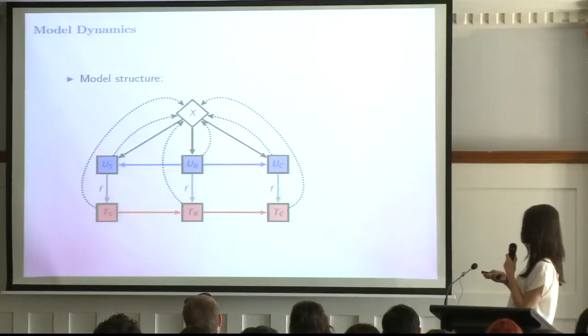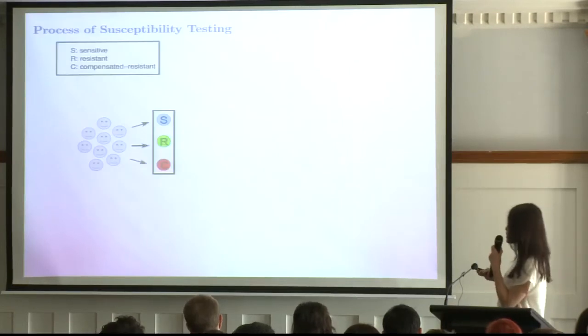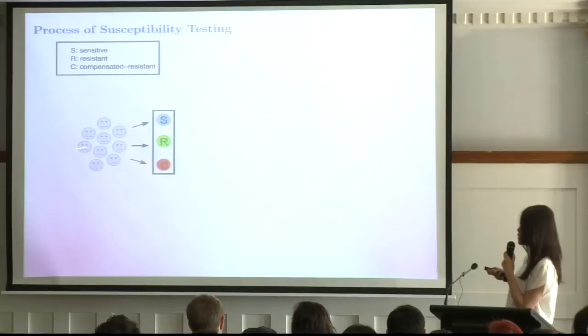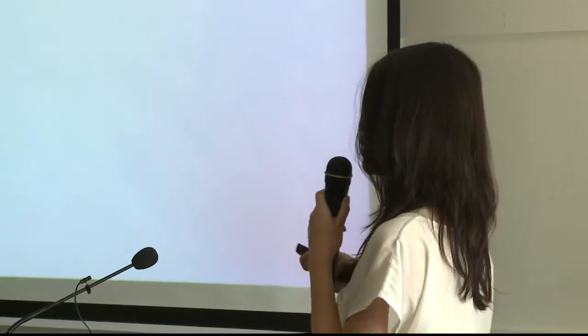A key assumption about this model is about the process of susceptibility testing. We assume susceptible individuals can be infected with 3 types of strains: sensitive, resistant, or compensated resistant to a first-line therapy, which is usually recommended on the basis of clinical evidence for its efficacy.